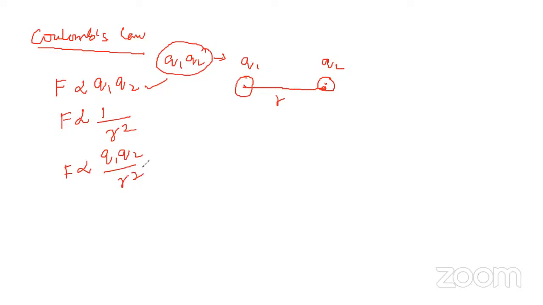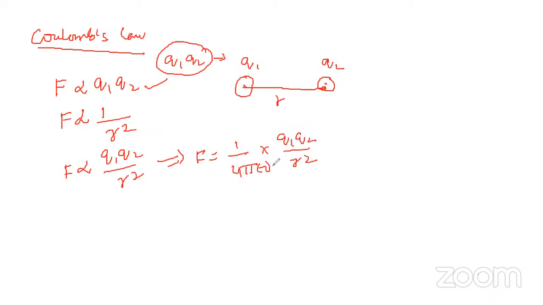If we remove the proportionality constant, we get F equals 1 by 4 pi epsilon naught Q1 Q2 by R square.